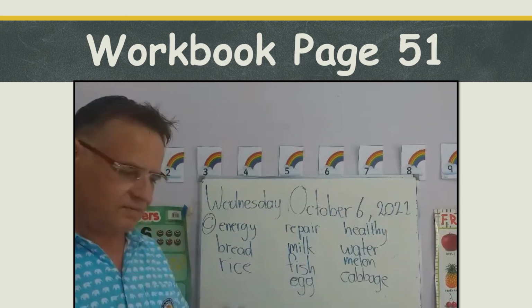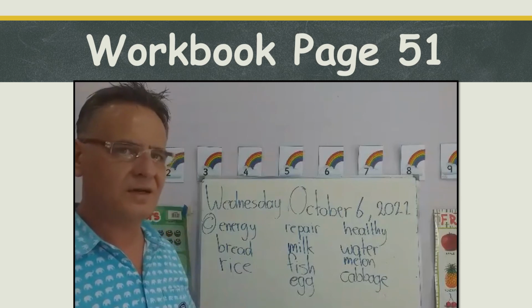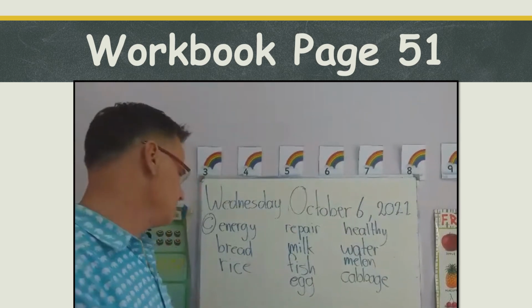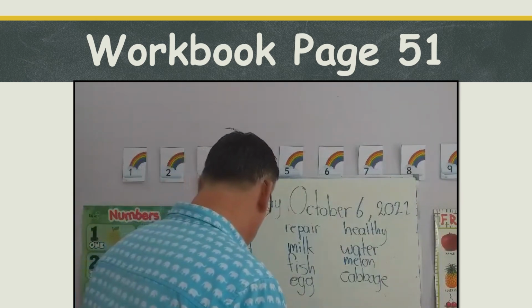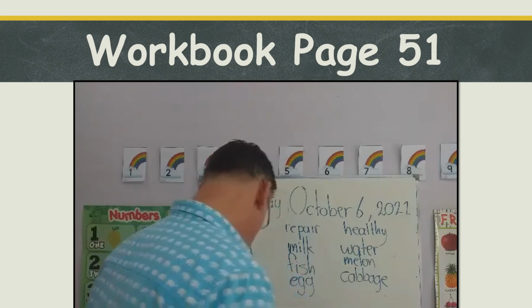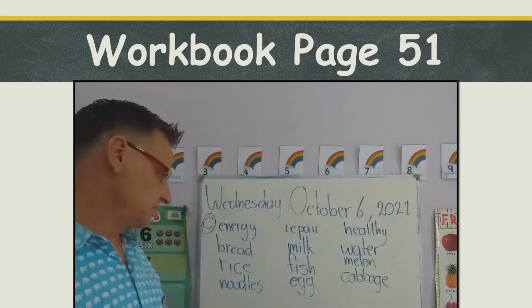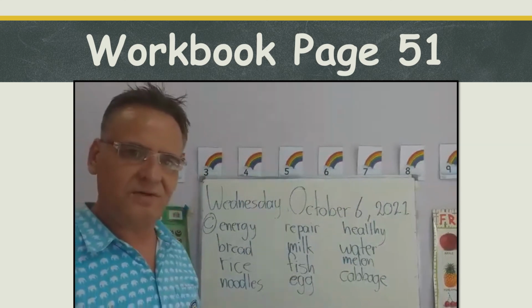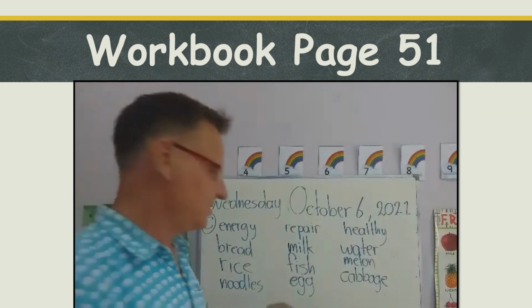Remember I said in bread and rice and pasta there's a lot of carbohydrates, and noodles is kind of like a pasta, right? So noodles goes under energy. And the last one, tomato. Some people say tomato is a vegetable, other people say tomato is a fruit, but it doesn't matter, it goes under healthy.